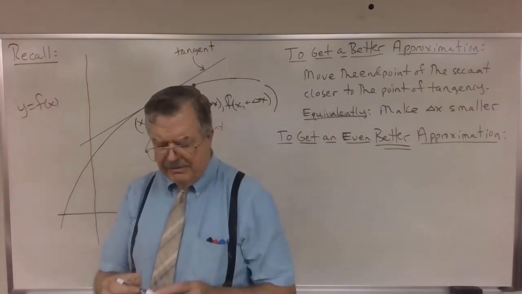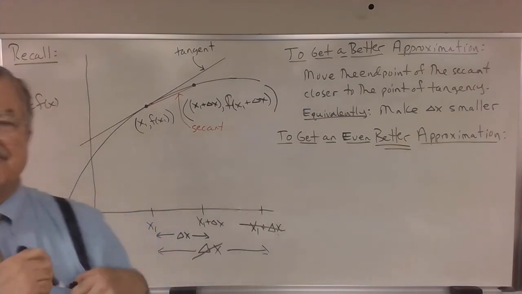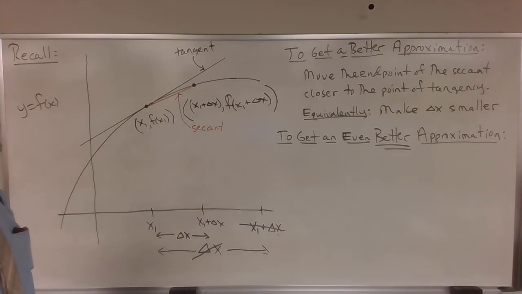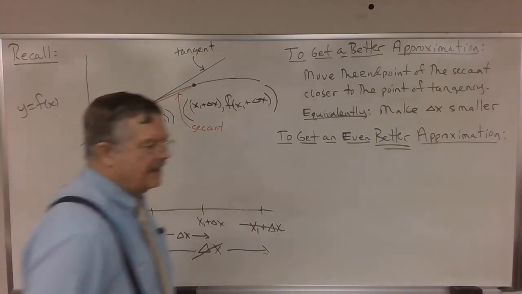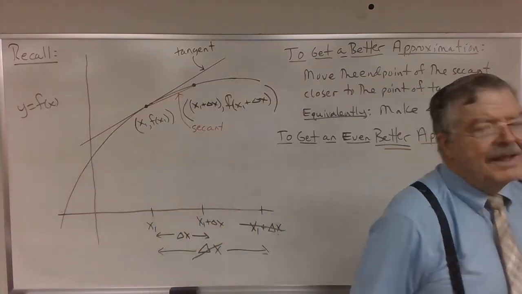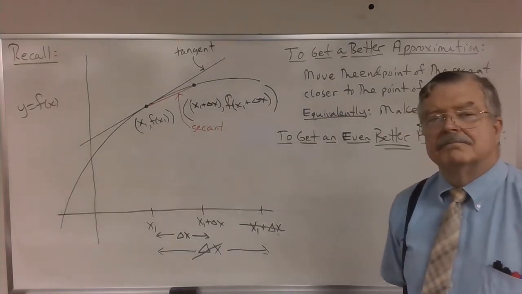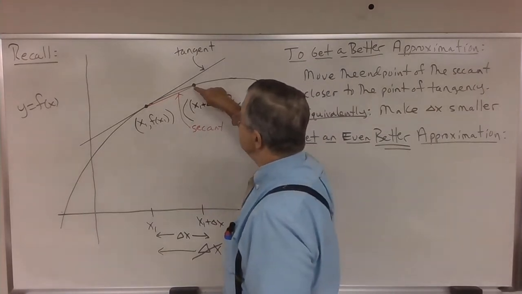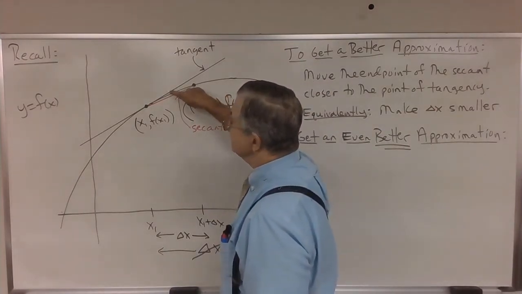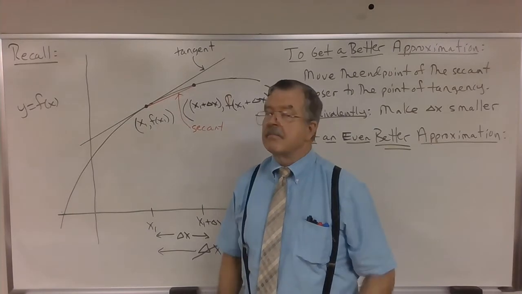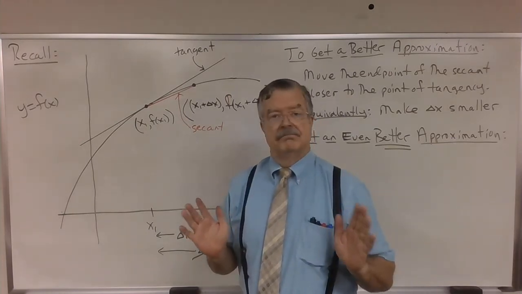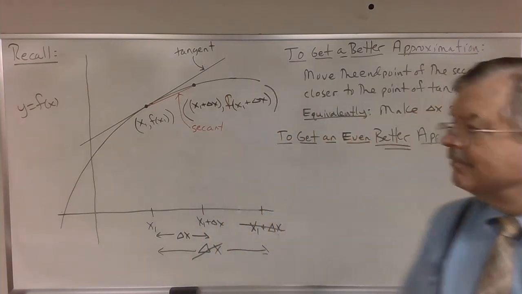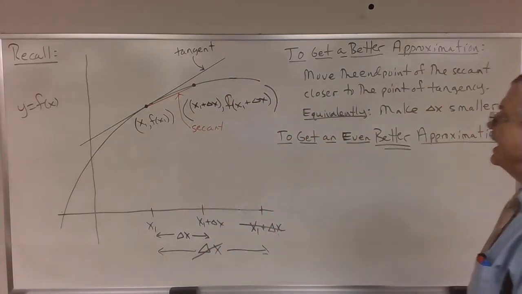So now what can we do to get an even better approximation? And some of us are thinking, well, why not take this end point of the secant and move it even closer to the point of tangency? It worked once. It ought to work again. And that's a good idea.